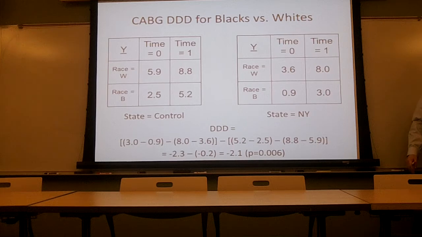Right, but when you think about it in absolute differences, doesn't it feel weird? If I just looked at this, I would say black patients in New York in time 0 are a third as likely to get CABG before, and afterwards their likelihood triples.